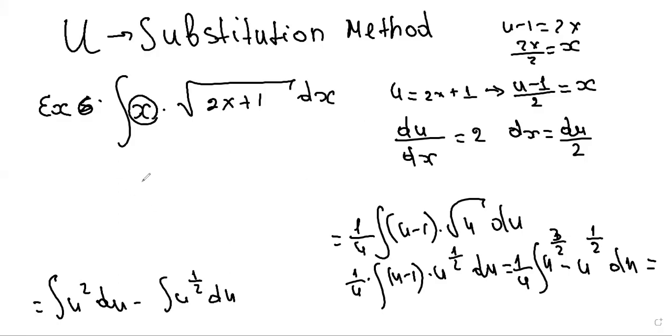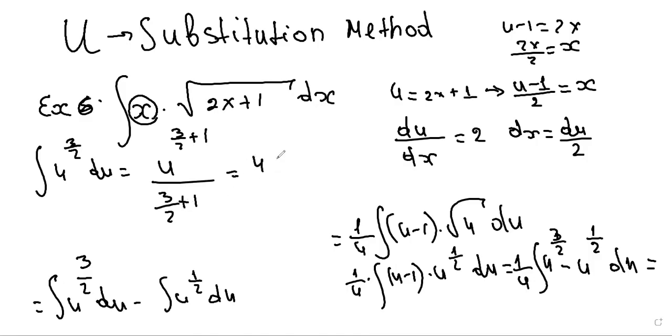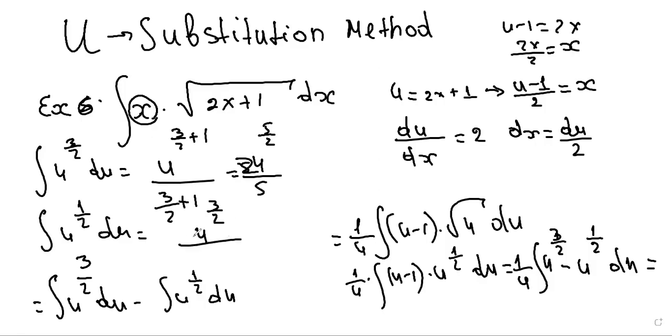The integral of u to the power of 3 over 2 du is u to the power of 3 over 2 plus 1, so 5 over 2, divided by 5 over 2, which is 2 over 5. And what about this one? It is u to the power of 3 over 2 times 2 over 3.